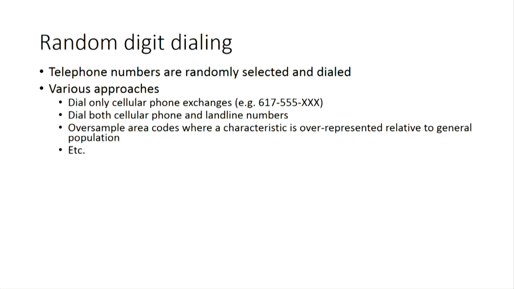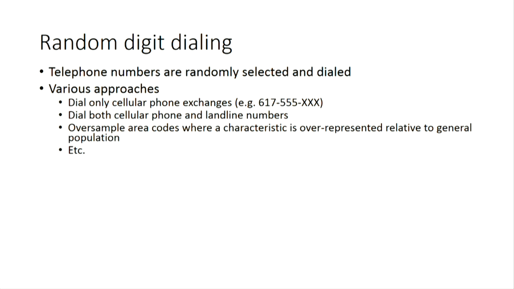And what's often done, particularly historically, when we didn't call cell phones, we only called landlines when pretty much all households had a landline, is you might want to oversample certain, particularly minority, populations, so you can better ensure that you had a larger sample size to study disparities, for example.